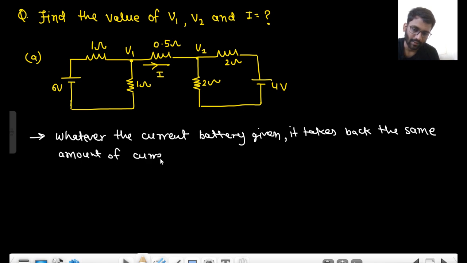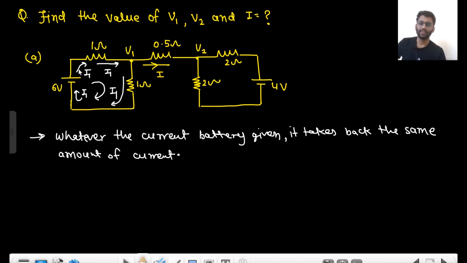So let's just assume this battery is giving you I1 current. That means it will take back the same amount of current I1. That means this I1 current is flowing here. If it is taking back the same amount of current I1, that means this I1 current has to flow here as well, right? So in the complete loop, I1 current is flowing.